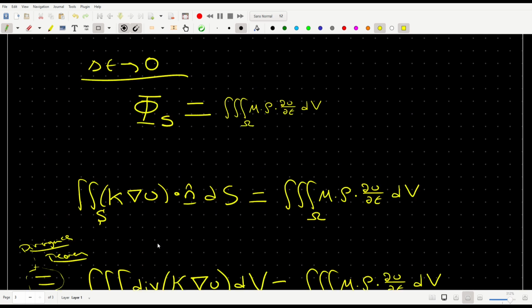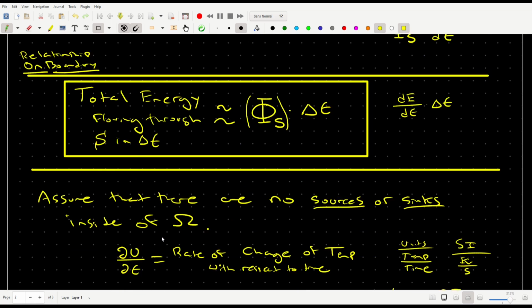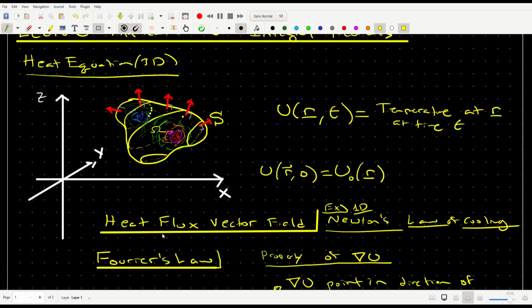What we want to notice here is that, go back to our picture of the region, this has to be true for our region S, but it also has to be true for any arbitrary subregion of our region S. So take, say, for instance, a smaller subregion, S1 here, and then maybe a different subregion, S2 right here.